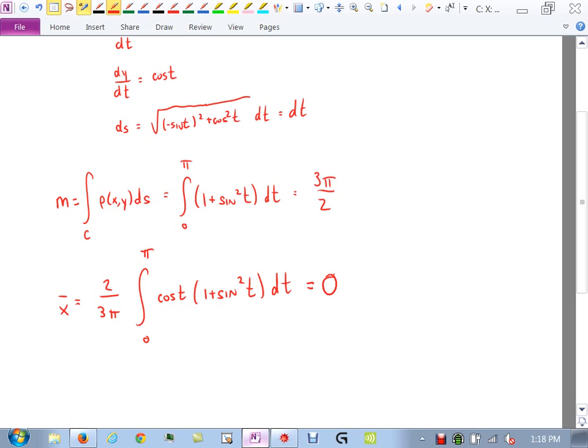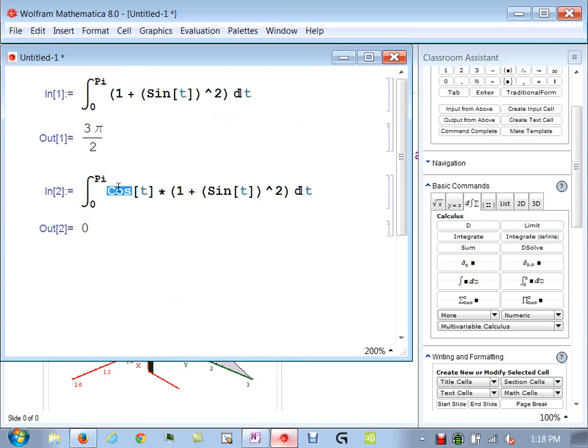Y bar is equal to 2 over 3 pi, integral 0 to pi, sine this time, right? Sine t, 1 plus sine squared t dt. So I'm just going to replace this with sine. 10/3.